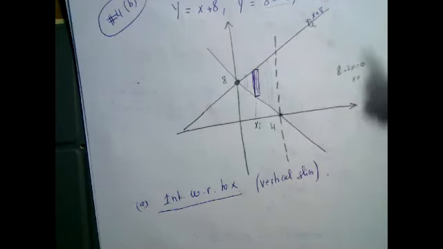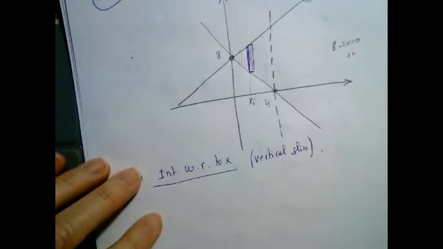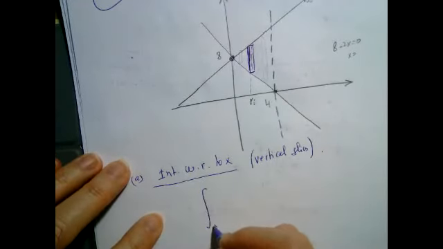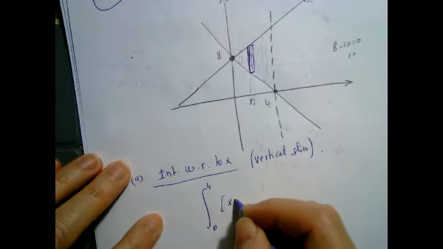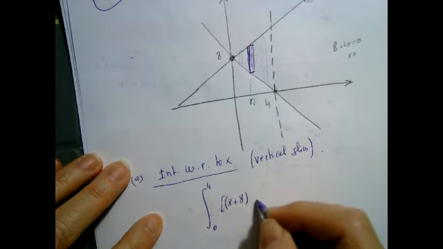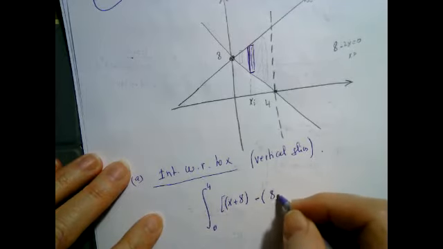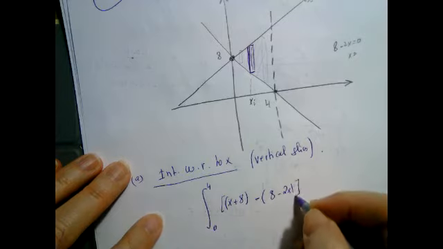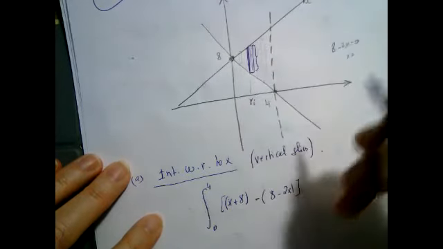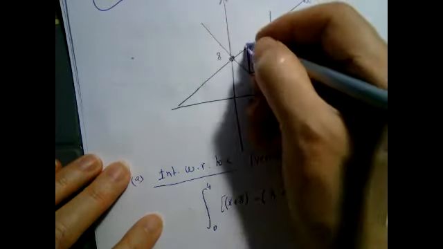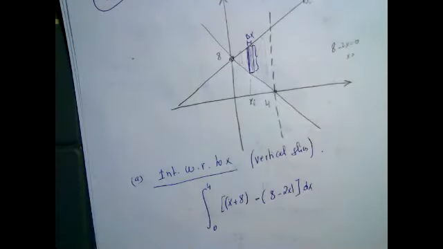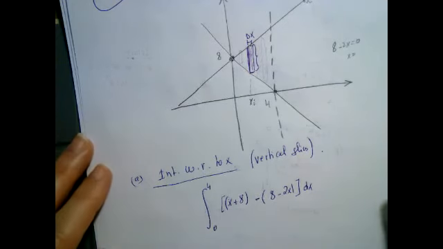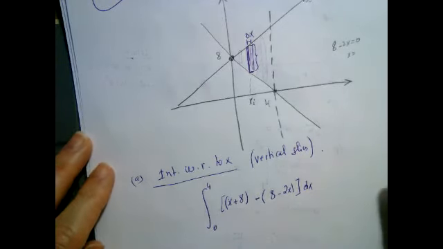So with respect to x, it's going to be the integral from 0 to 4 of my upper curve, which is x plus 8, minus the lower curve, 8 minus 2x, that's the height, times the width of my rectangle, which is the delta x. Okay, so that's with respect to x. Now with respect to y, I will sketch another picture to be clear with respect to y.